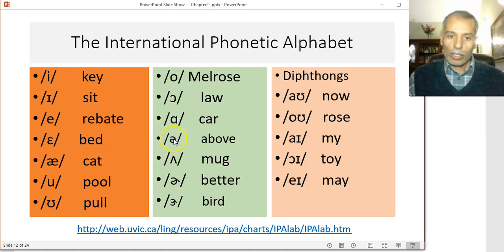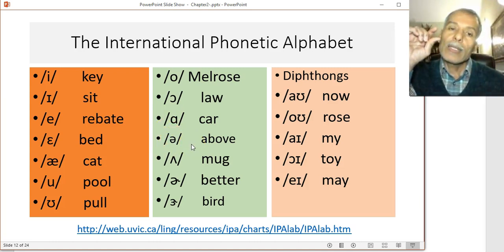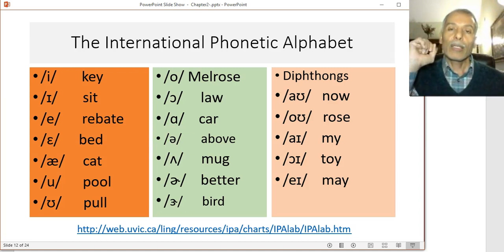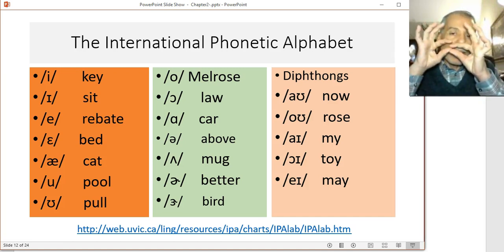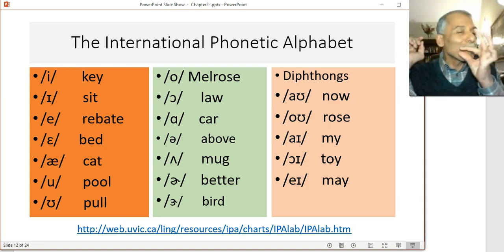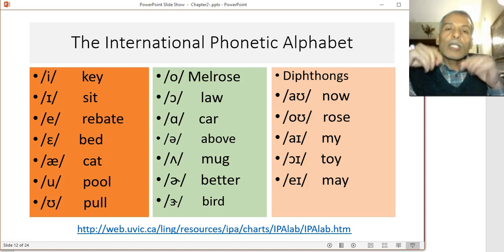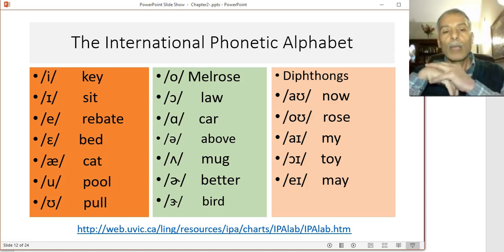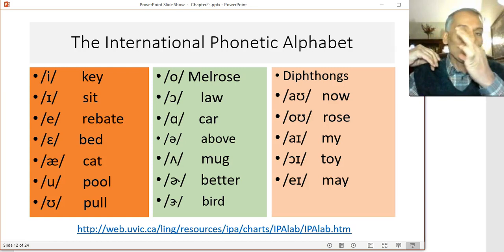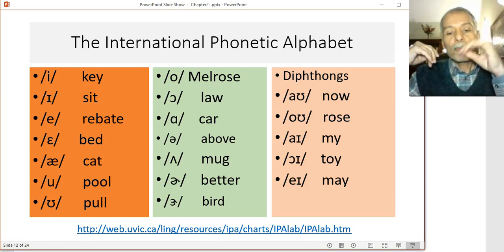That schwa sound is the weakest sound of the English language. When you make it, it is almost like you are resting, like you are not making any effort. Your vocal tract is minimally opened, your jaw is minimally opened, and that is the smallest sound that you can make in the English language. So it takes the least degree of effort.